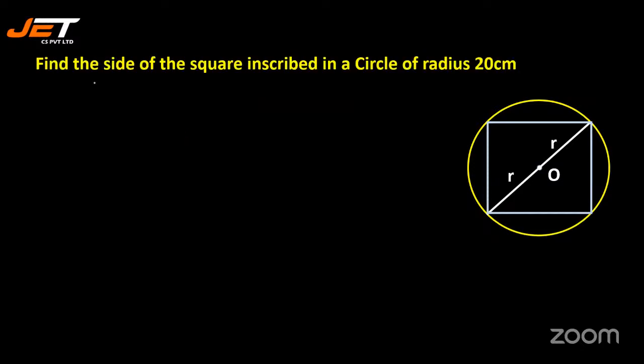So let's do the sum. Find the side of the square inscribed in a circle of radius 20 centimeter, right? So length of side is equal to r into root 2.